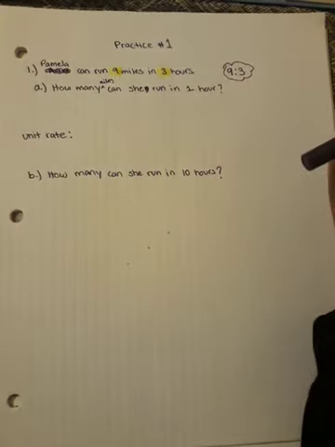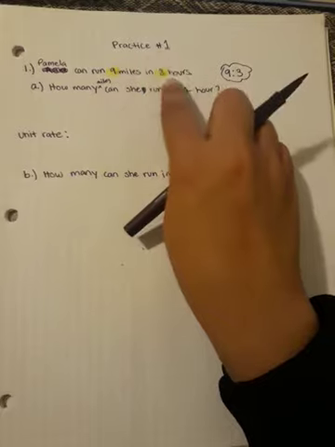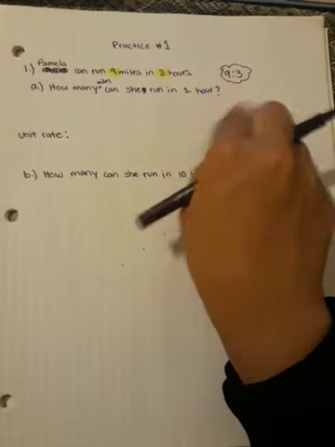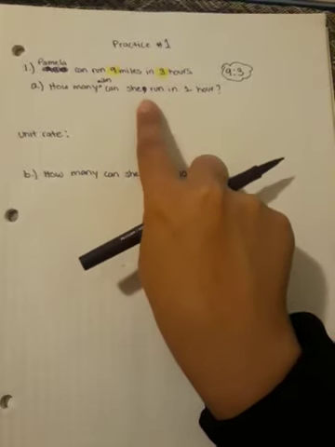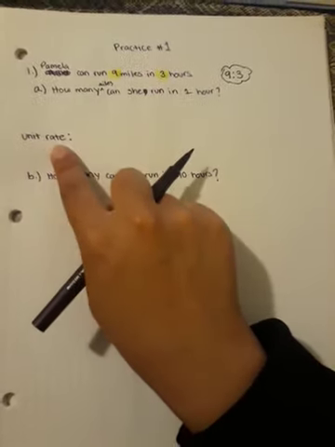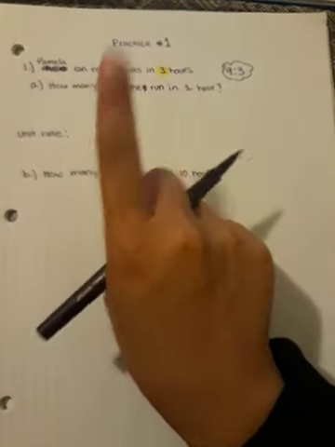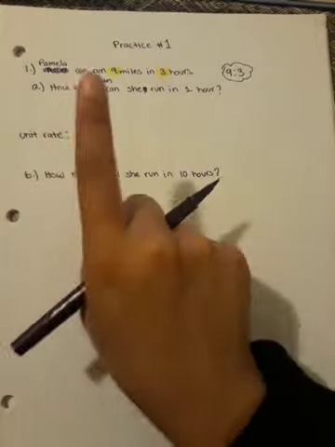So something that I want you guys to get in the habit of is that you have a ratio, right? 9 to 3. When you have these kinds of problems, the best thing you can do is find the unit rate. Unit rate is basically like 1 unit. So what is the rate per 1 unit?